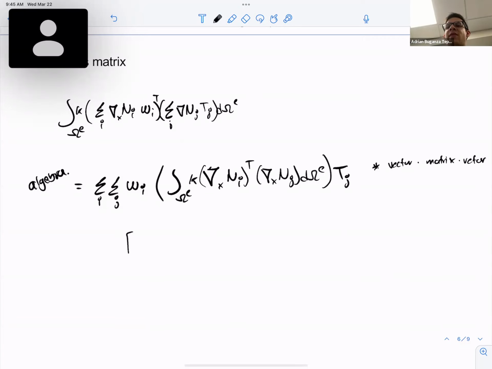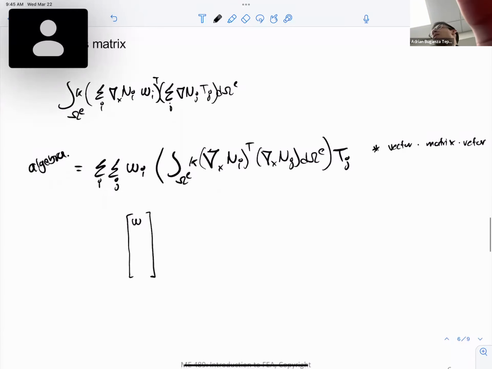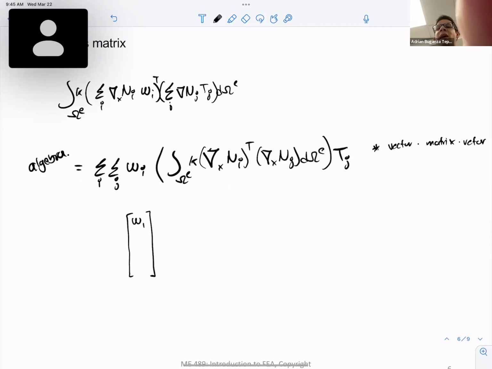So you can rearrange things and put all the nodal values of the W in a vector. It depends on which element you have. If you have a triangle, then you would have only 3 values. If you have a quadrilateral, then you would have 4 values.